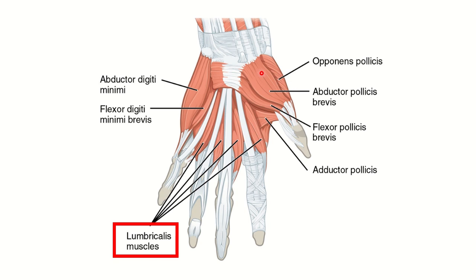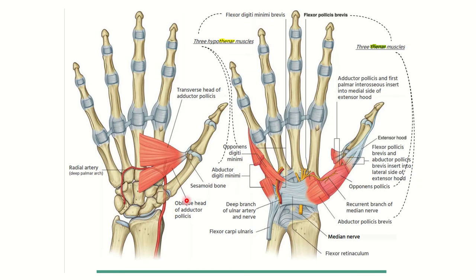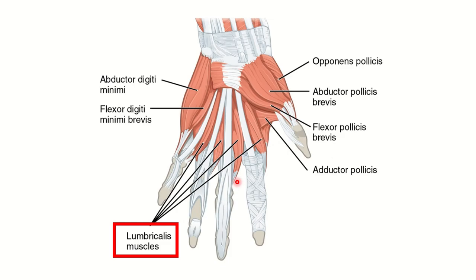And here we also can see the thenar group of muscles: opponens pollicis, abductor pollicis brevis, flexor pollicis brevis, and adductor pollicis. And also two muscles from the hypothenar group, abductor digiti minimi and flexor digiti minimi brevis.